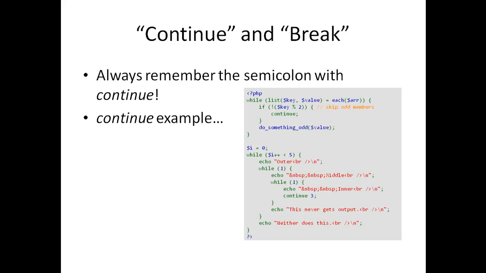Here's a continue example. By saying continue 3, you're continuing not from the first while loop. So you have this while loop here, while 1. You also have this while loop here, and you have this while loop here. Continue 3 will continue up to the top while loop.